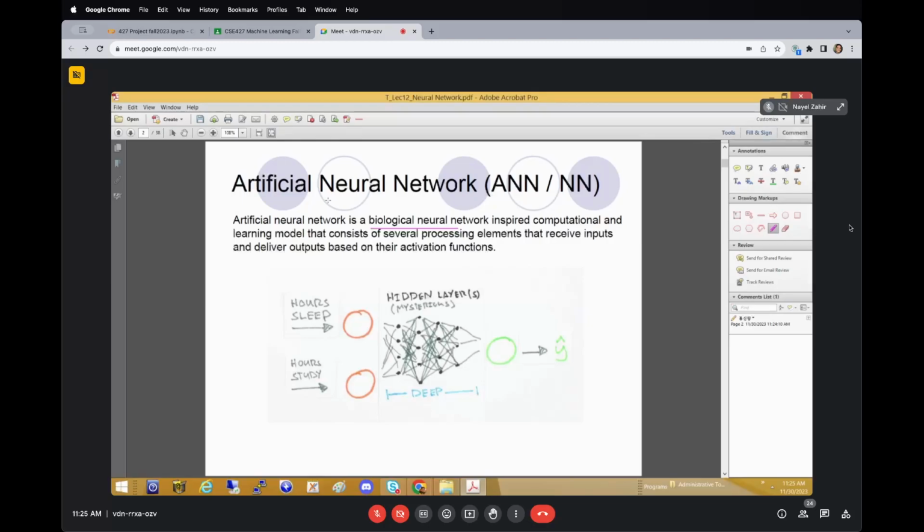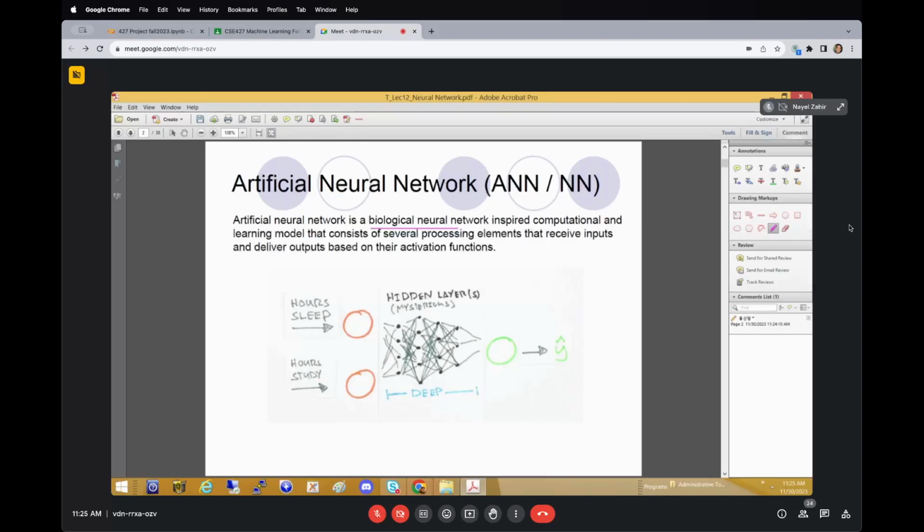How a human learns, how a human computes something, how a human memorizes, how a human stores knowledge. All these things are based on our biological neural networks. And that's why neural network scientists also try to mimic the same thing.